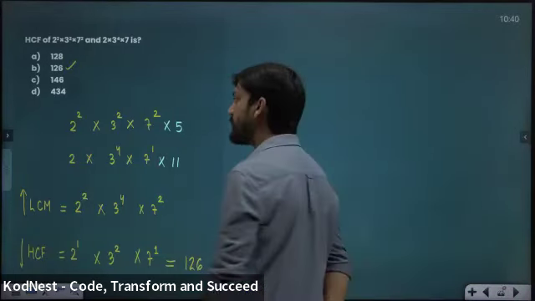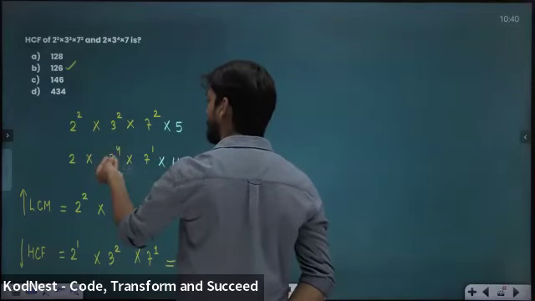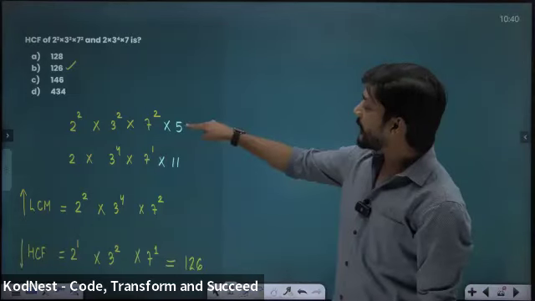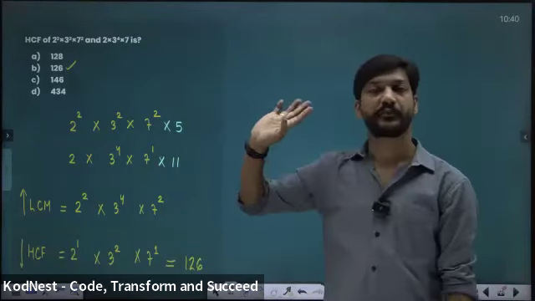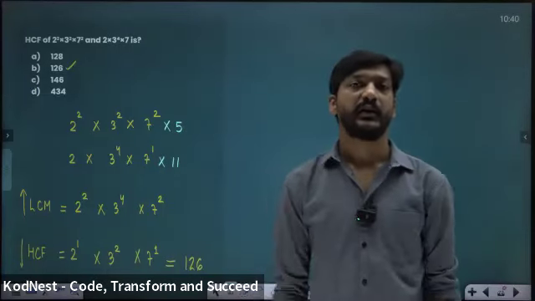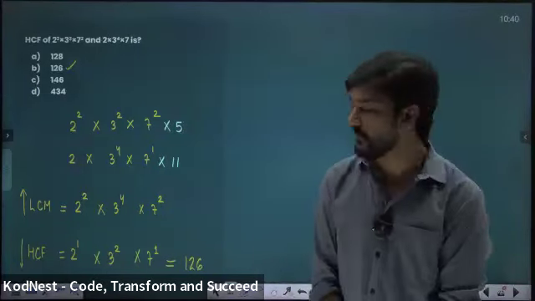Until now, what we have seen is 2 power, 2 power, 3 power, 3 power, 7 power, 7 power. But now I can see 5 only in the first number. I can see 11 only in the second number. In that case, how you have to think is this way.